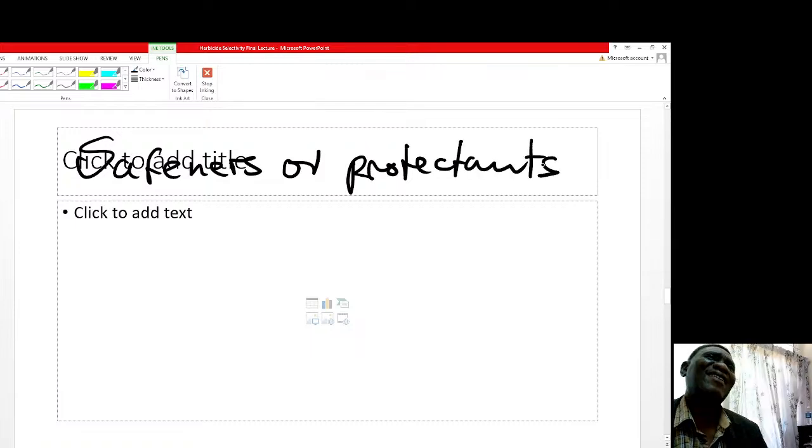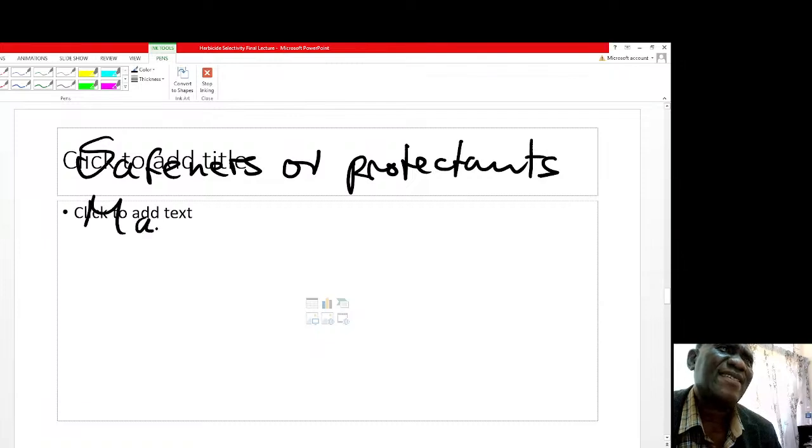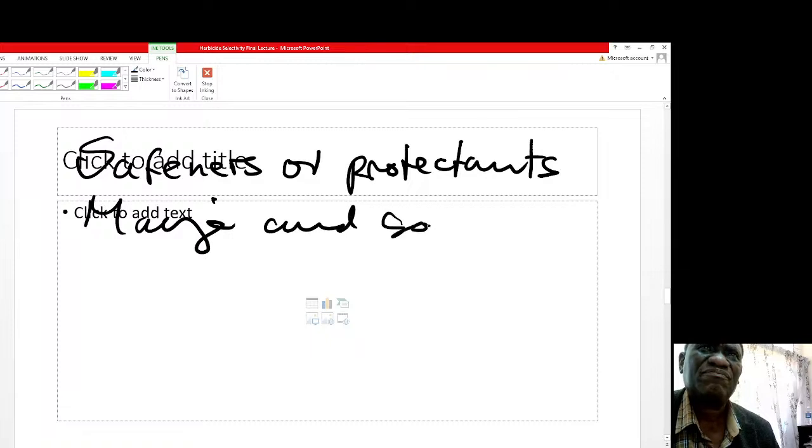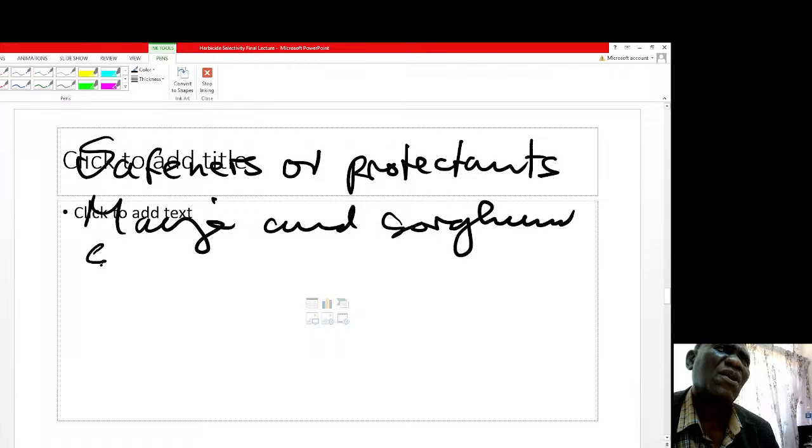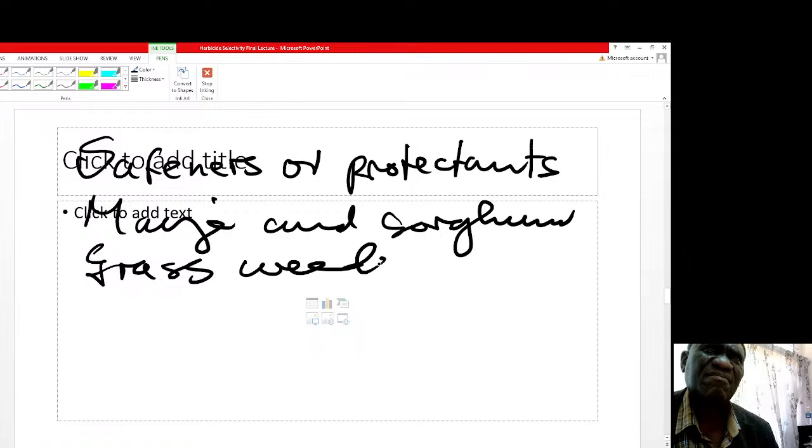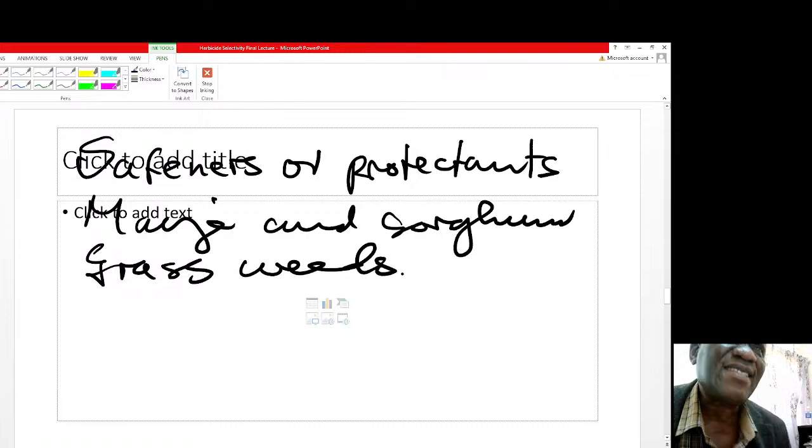Now, this is important in maize and sorghum, where we have grass weeds. Maize is a grass, sorghum is a grass.